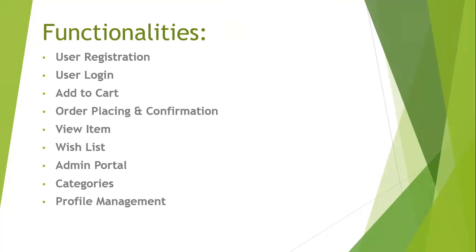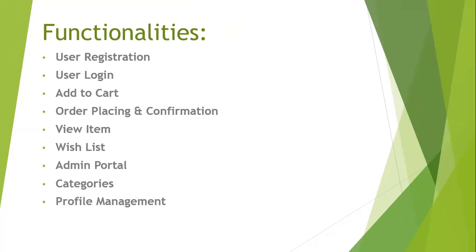Thank you, sir. So we use user registration and user login functionality in our project. Add to cart, view item, wish list, and admin portal. In the admin portal, admin can add the product, update the product, and delete the product. These are the functionalities we provide in the admin portal.